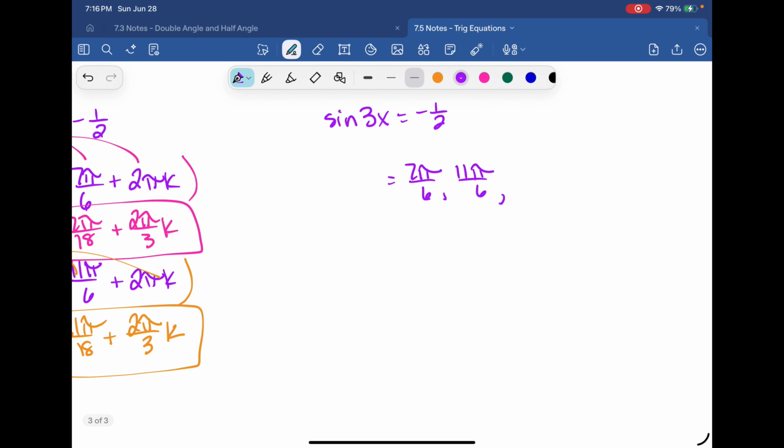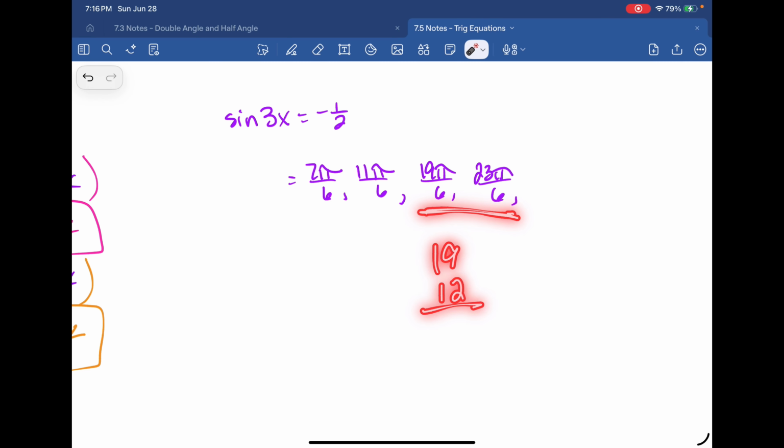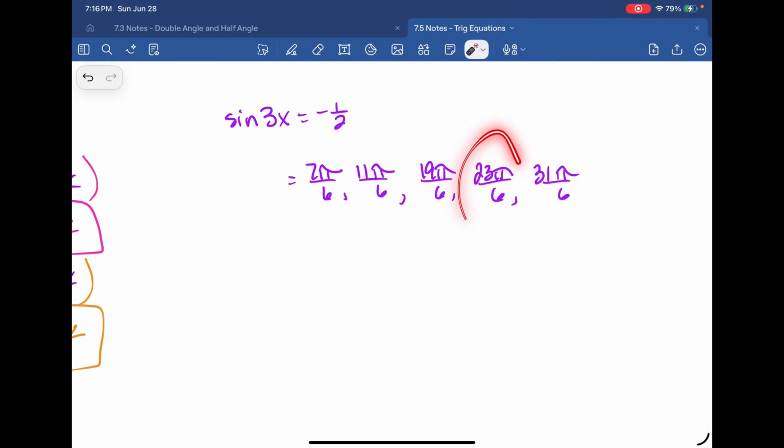That is 19 pi over 6. Add that. 23 pi over 6. Rotate from here. So 19 plus 12 is, oh, that's 31 pi. Add 12, that would be 35 pi.